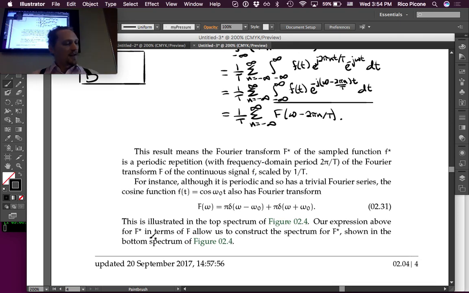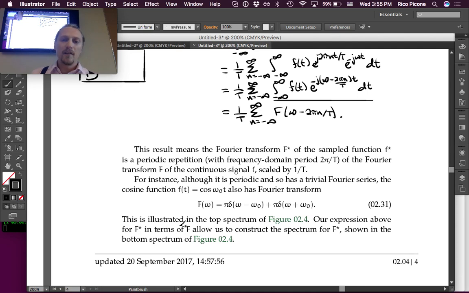So for instance, this is a really quick example, I promise. Although it is periodic and so has a trivial Fourier series, the cosine function also has a Fourier transform, and I just give it to you. I don't derive it. But notice it's a delta function. It's a Dirac delta, another Dirac delta. They're at two different frequencies.